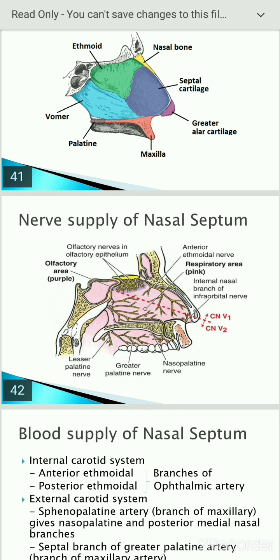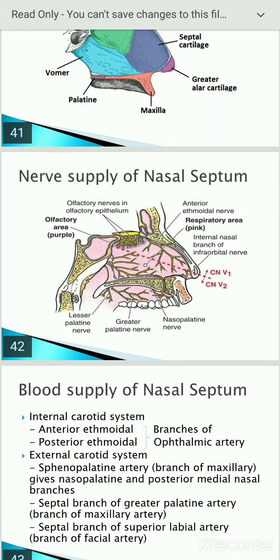Inferiorly, the nasopalatine nerve, greater palatine nerve, and lesser palatine nerve supply inferiorly. So basically, if you see, there is a line, the upper part is supplied by V1, the first branch of the trigeminal nerve, and inferiorly it is supplied by V2, that is the second branch of the trigeminal nerve.